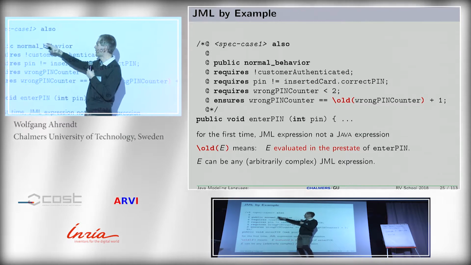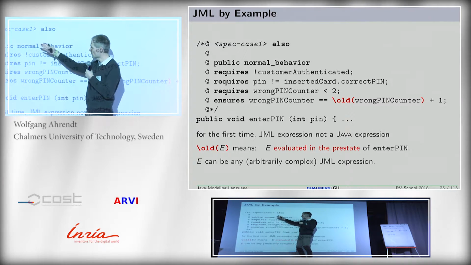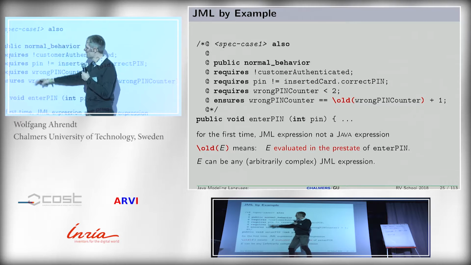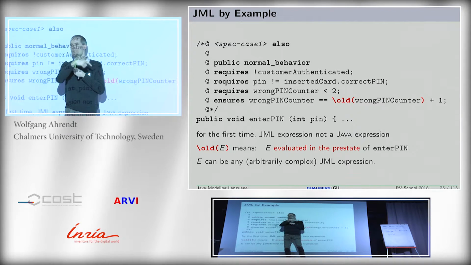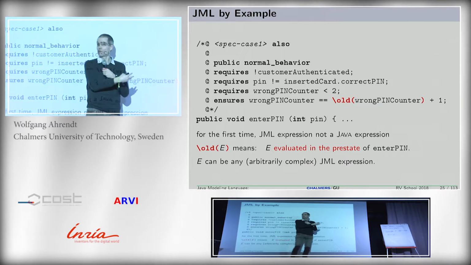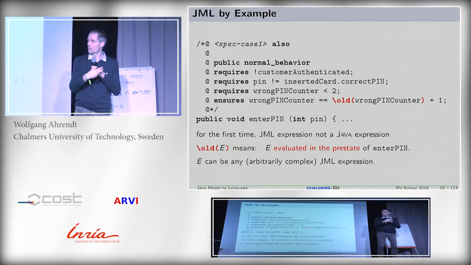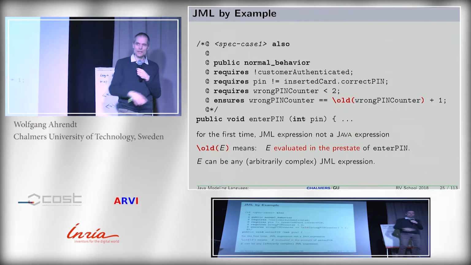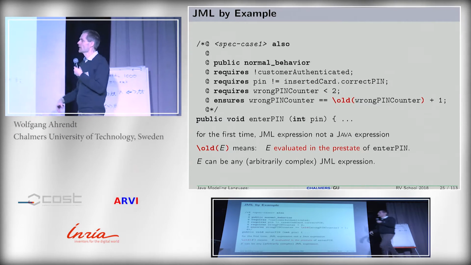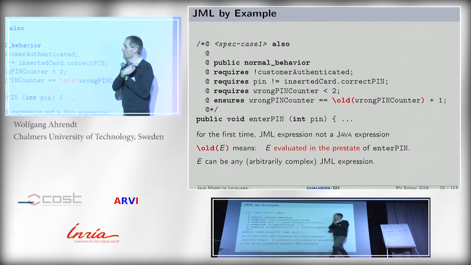We are just here saying normal behavior. No exception shall be thrown here. And this specification case is visible by other specifications of other classes, or their verification. So when I verify another class which is using this one here, then you may incorporate in the verification of the caller.